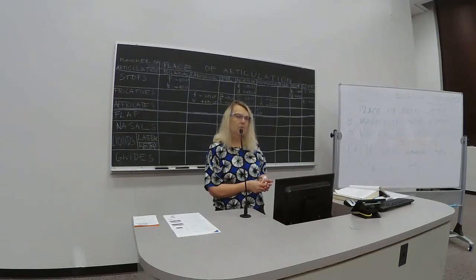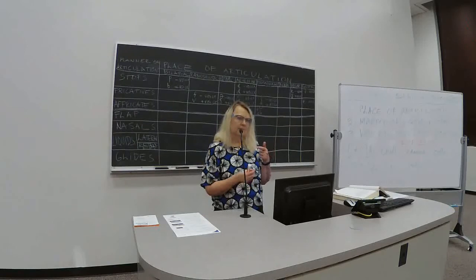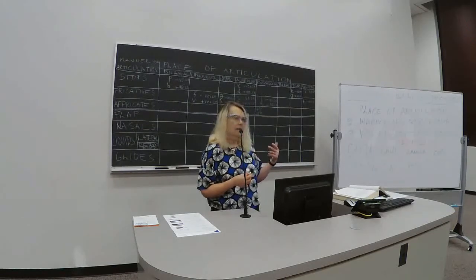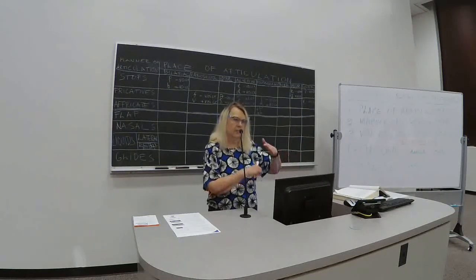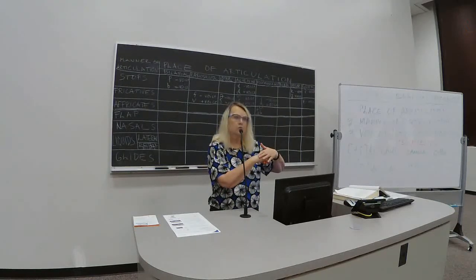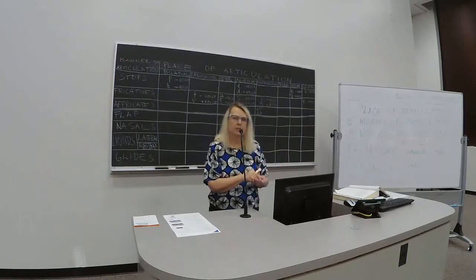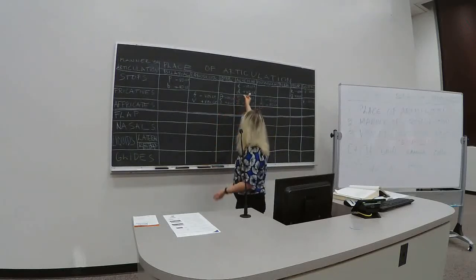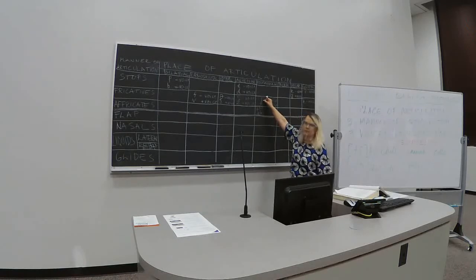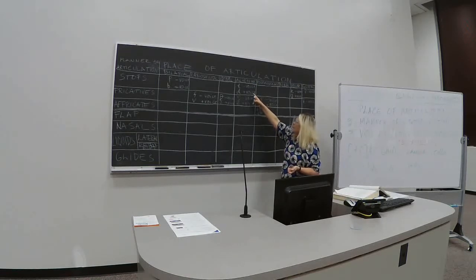A complete obstruction for stops, a near obstruction for fricatives, and for affricates, you start from a complete stop for the airflow, like for ch. You start from a position of a t here, and then move quickly to the fricative position. You start from a complete stop and then open up a little bit so that the air can flow through.